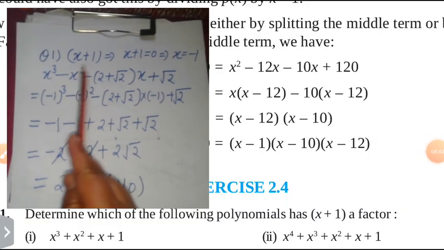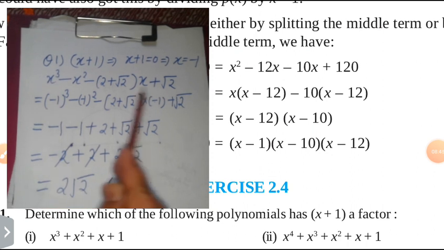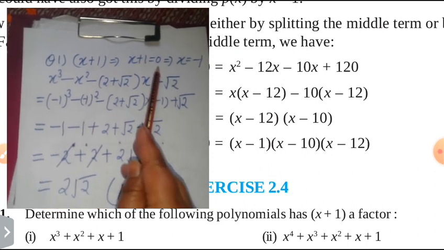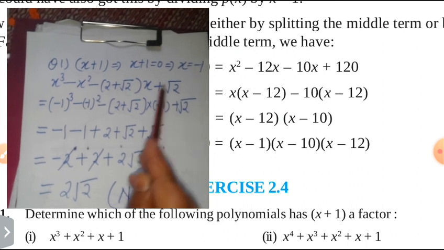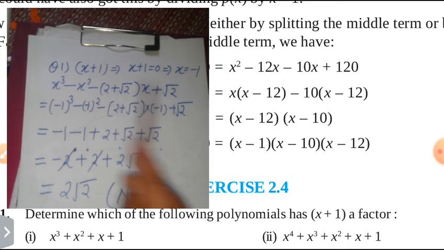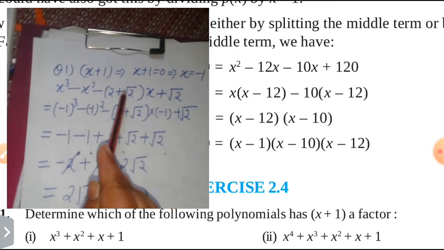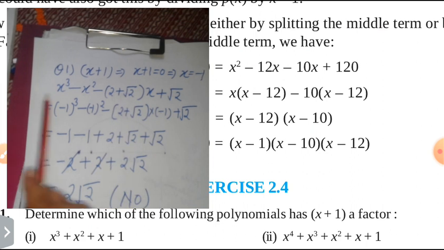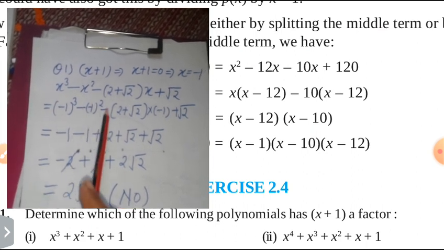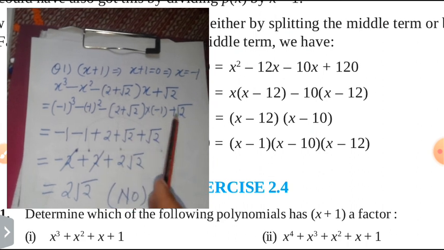If x plus 1 is the factor of this polynomial, so if we substitute x plus 1 equal to 0, that means x equal to minus 1 in this polynomial, the answer must be 0. If the answer is coming 0, then only this will be the factor of this polynomial. So I am substituting in this long polynomial minus 1 cube minus 1 square minus 2 plus root 2 into minus 1 plus 2.